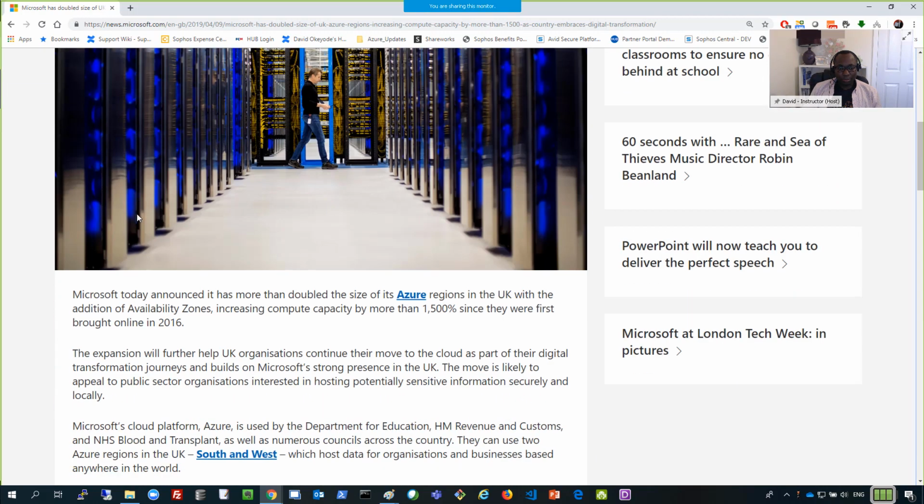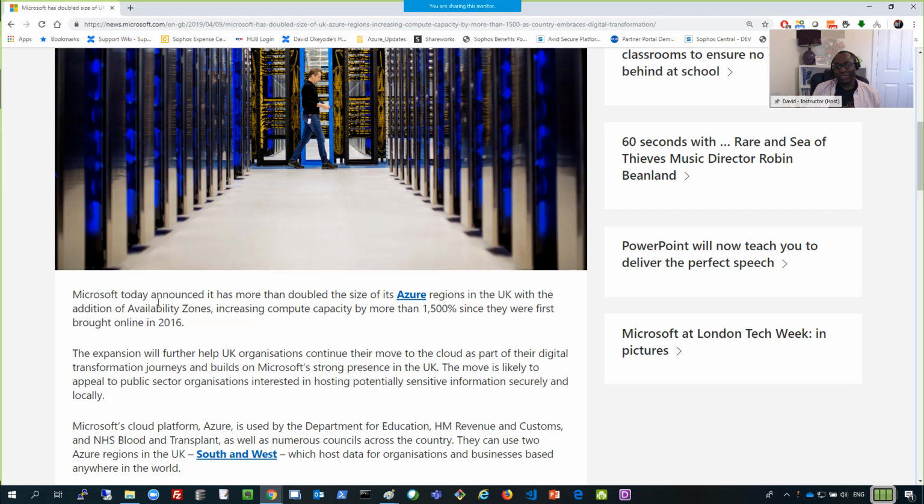So I think there was an issue last year where people were having trouble deploying into UK regions because of availability of resources. Does anybody remember that? Did anybody hear about that? No. I think I did read about it.